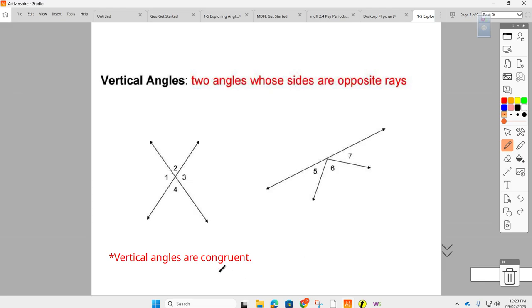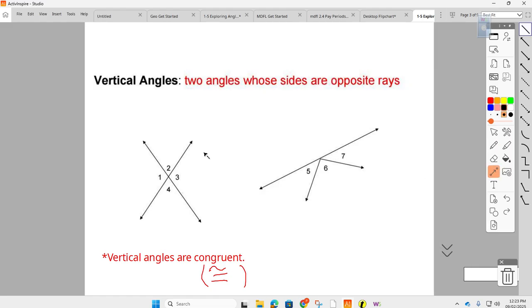Remember the word congruent, this is a symbol for that in geometry. So when lines cross, they create four angles. They create two pairs of vertical angles.